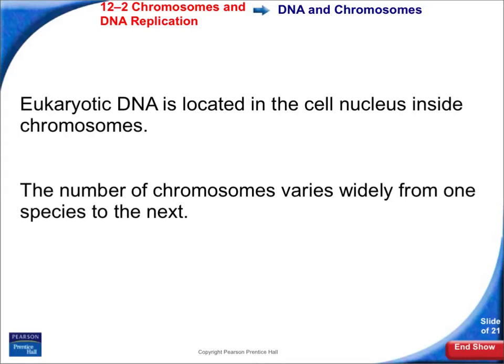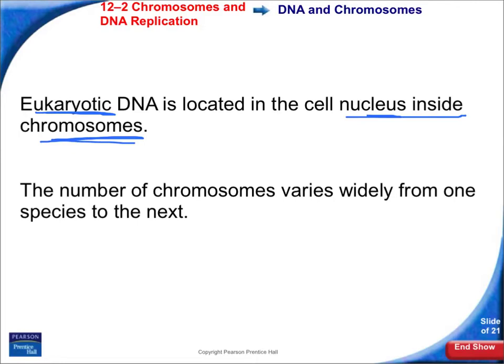Now, eukaryotes have a nucleus, so their DNA is going to be located inside the nucleus, and it's going to be located inside chromosomes. Remember we talked about this before when we started our genetics discussion, that different organisms have different numbers of chromosomes.